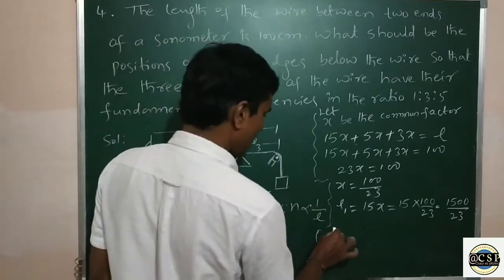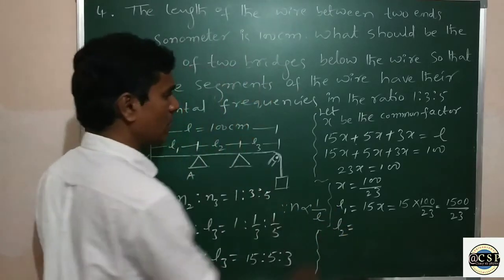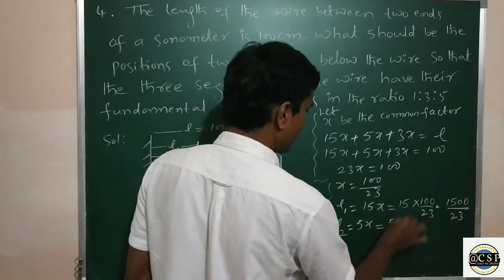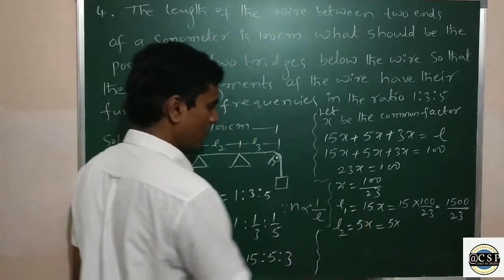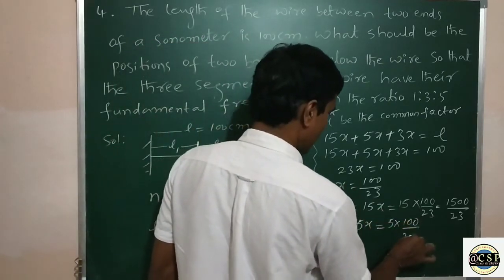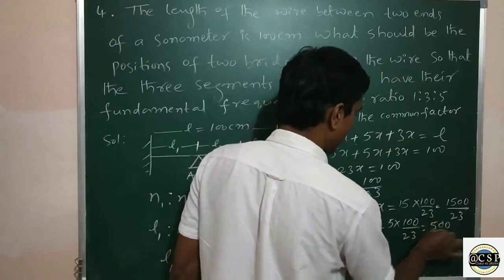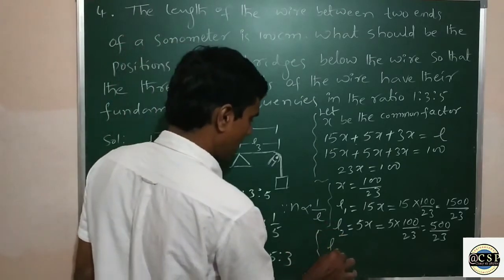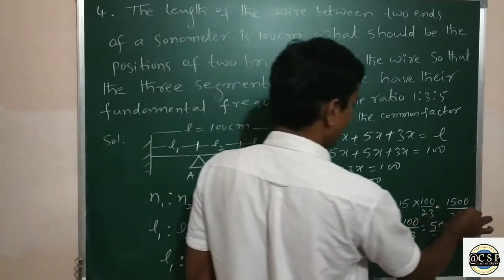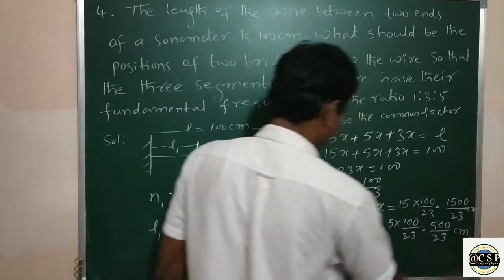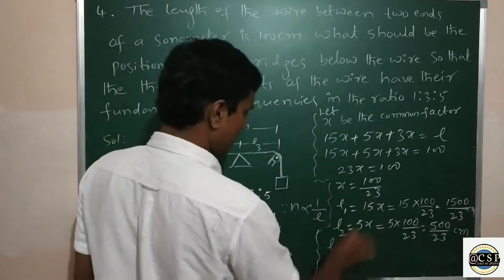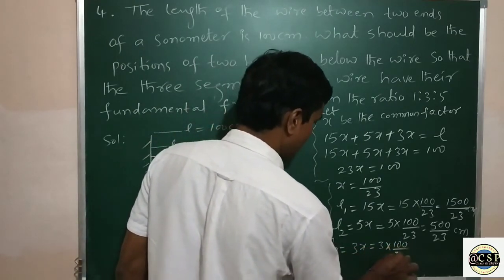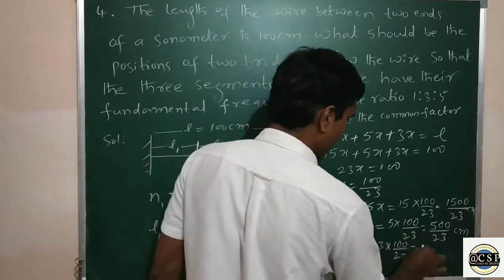The second segment length L2 is equal to 5x, that is 5 into 100 by 23, which equals 500 by 23 centimeters. Now L3 is 3x, which is 3 into 100 by 23, finally equal to 300 by 23 centimeters.